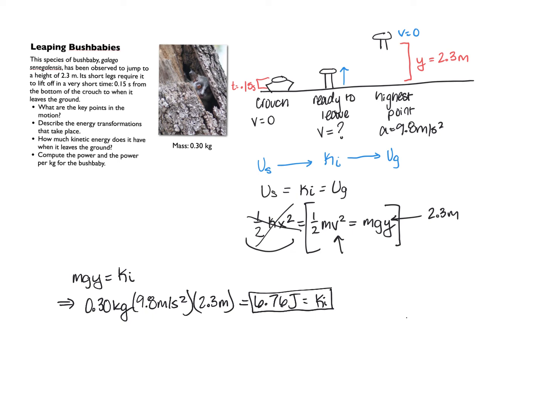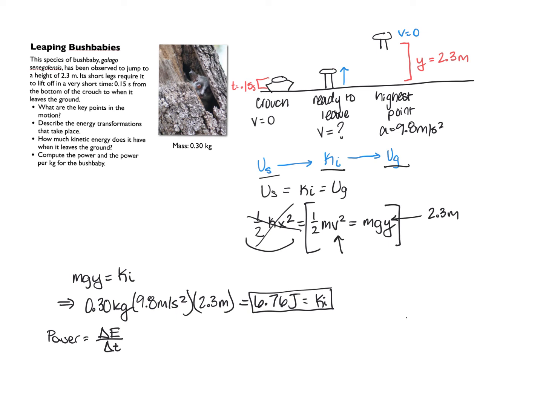Now we're asked to compute the power and the power per kilogram for the bush baby. Power is equal to the change in energy over the change in time. Since I know that the spring potential energy is equal to the kinetic energy is equal to the gravitational potential energy, the change in energy stays the same the entire time.